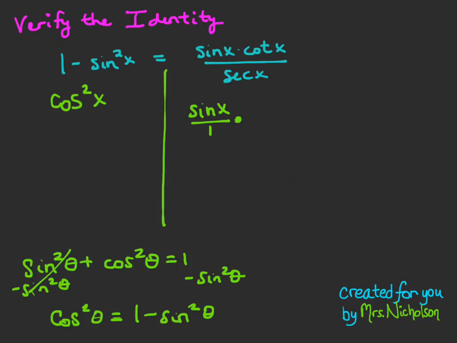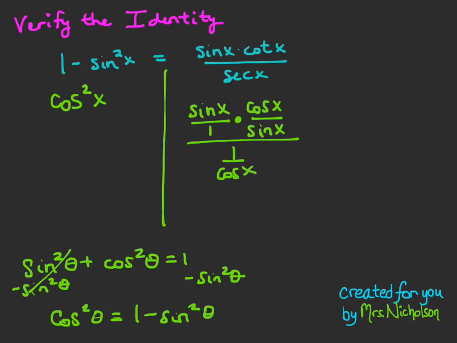Cotangent x, I could write that as 1 over a tangent, but that's not going to be helpful to us. Remember, we're trying to get everything in terms of sine and cosine. So I'm going to rewrite cotangent x, actually, as cosine x over sine x. And then in my denominator, I have secant x, which I'm going to rewrite as 1 over cosine x.